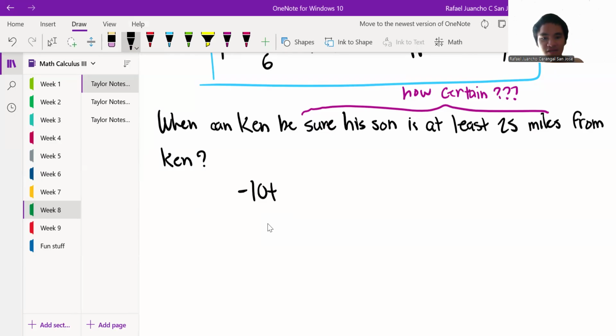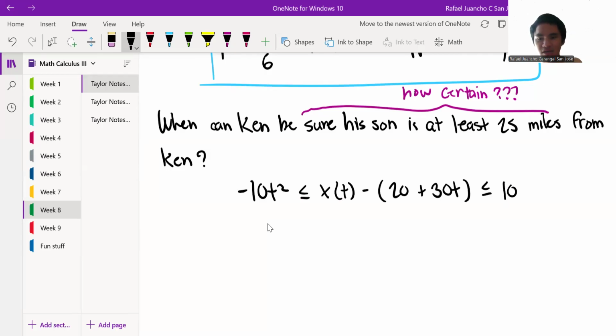So you have negative 10t squared less than or equal to x of t minus 20 plus 30t, less than or equal to 10t squared. So here, what do we notice? There is no absolute value anymore.